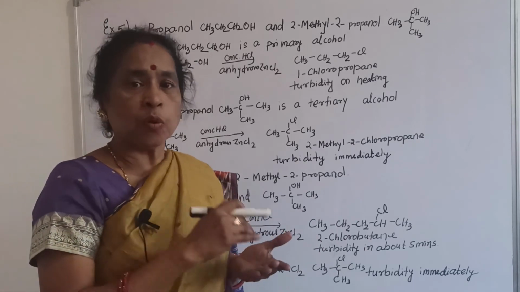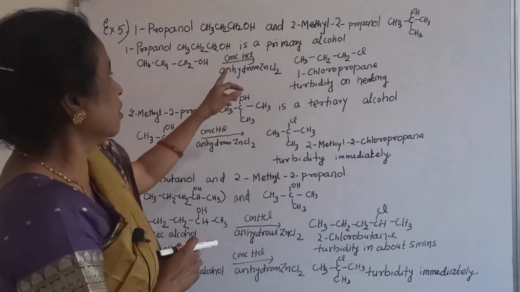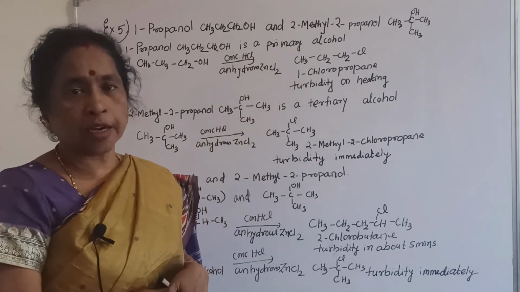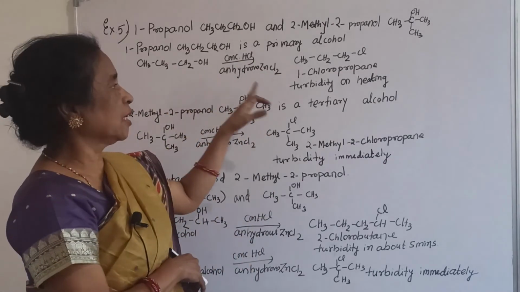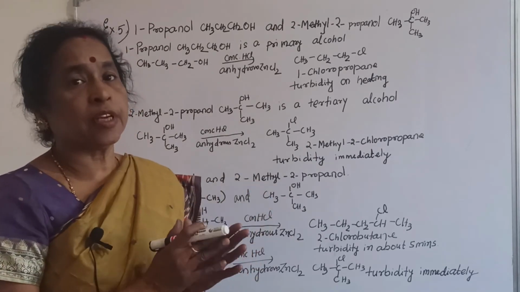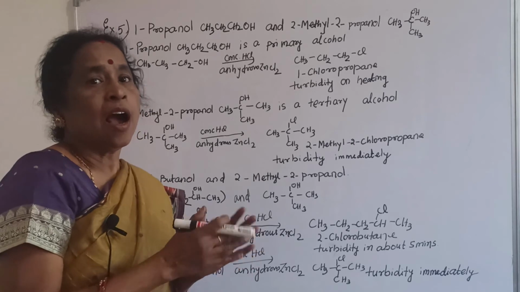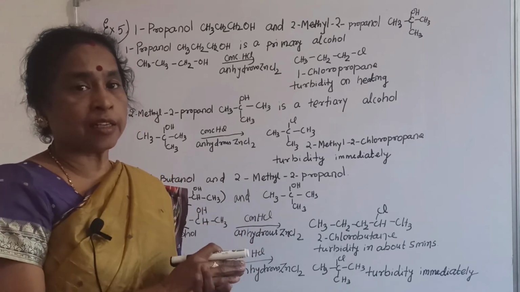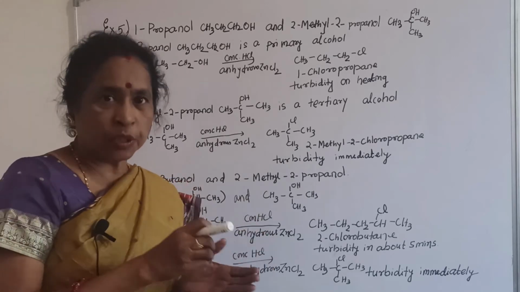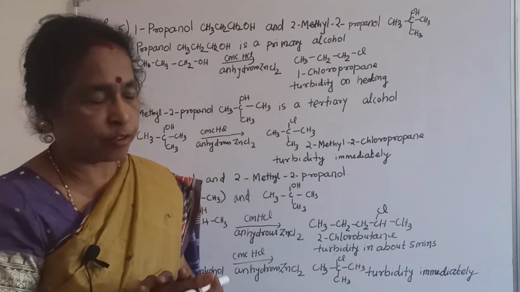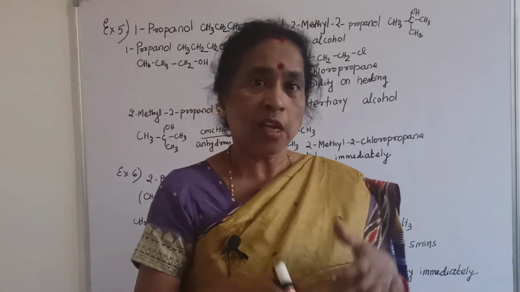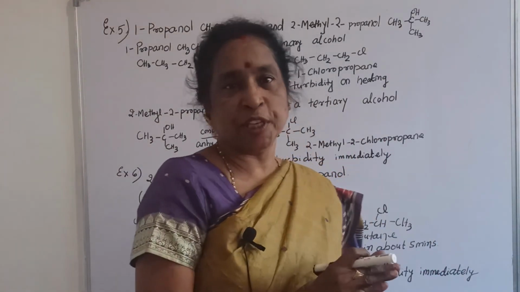In the Lucas test, when you treat with concentrated hydrochloric acid and anhydrous zinc chloride, the primary alcohol gives primary alkyl halide, which gives turbidity on heating. Secondary alcohol gives secondary alkyl halide, which gives turbidity within 5 minutes, whereas tertiary butyl alcohol gives turbidity immediately.